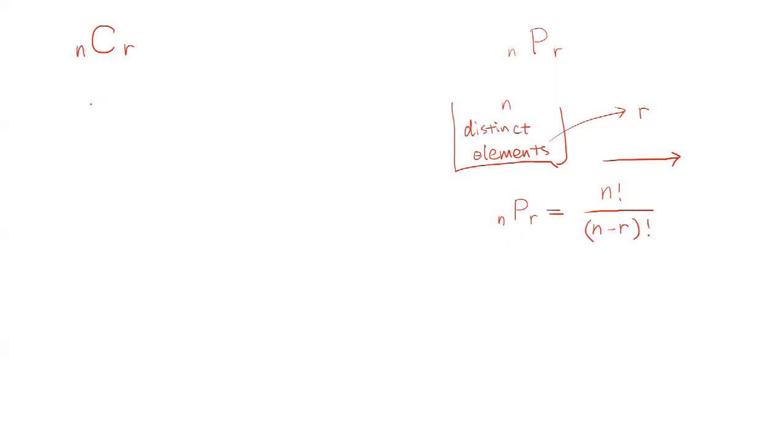Okay, what does CNR mean? It means we have a jar of n distinct elements, and now we pick R out of the n distinct elements. But this time we don't line them up. Once we pick R out, the task is over.